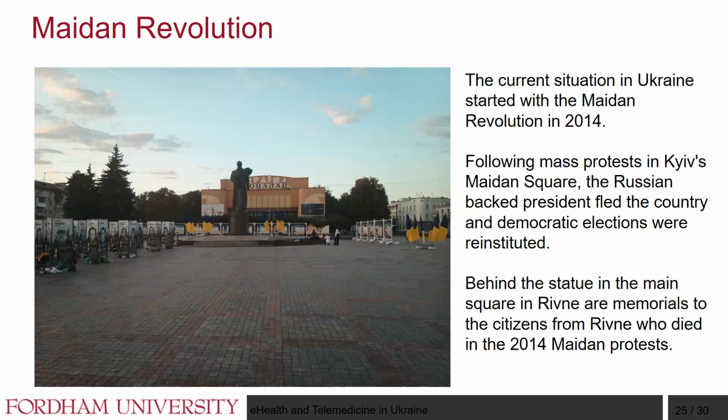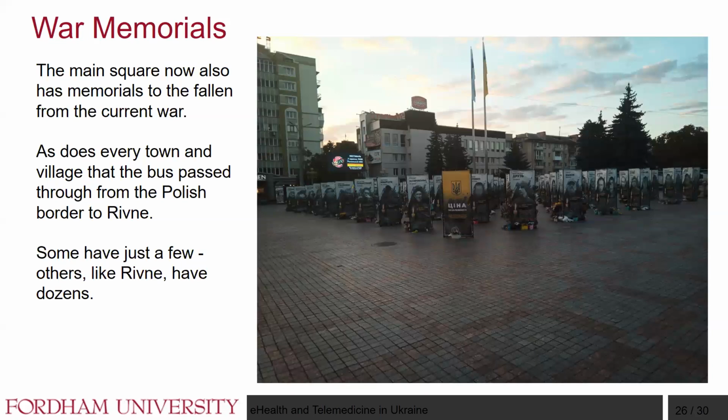On the one hand, it's a bit shocking to see, but on the other hand, there aren't that many compared to this. This is the memorials of soldiers from Rivne who have lost their lives in the war.